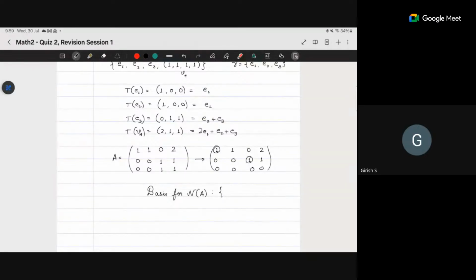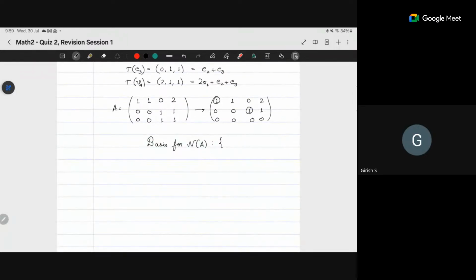How do I compute? What are the independent variables? X2 and X4, right? So X2 is equal to 1, X4 is equal to 0. This is one case. And then X2 is equal to 0, X4 is equal to 1. What is the solution in this case? You have X3 plus X4 is equal to 0 because of the second equation. So X3 is also equal to 0. X1 will be -1.